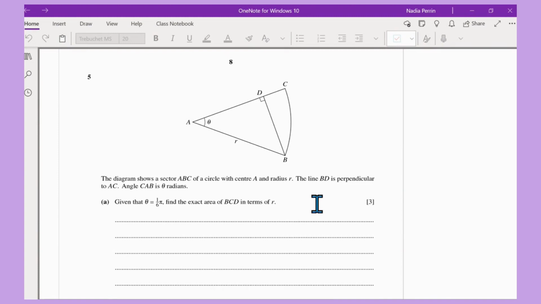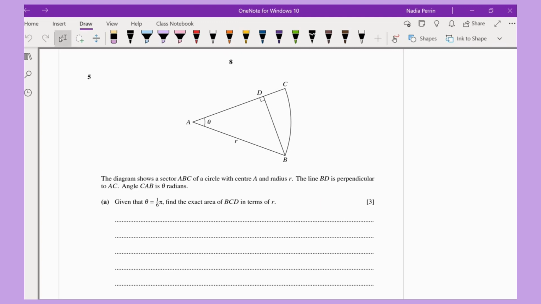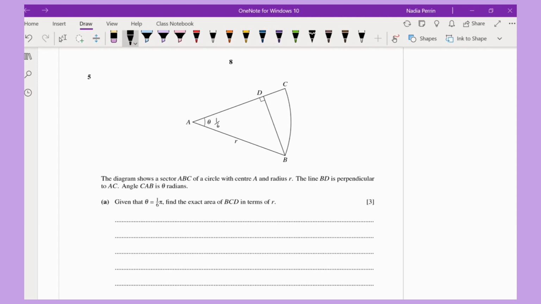Question 5 is a circular measure question. So first of all, I like to come up with a plan of how to attack the problem, and it helps examiners see what you're actually doing if you do that anyway. So we know that this angle is 1/6 of pi, and we've been asked to find the exact area of BCD, so this section here.